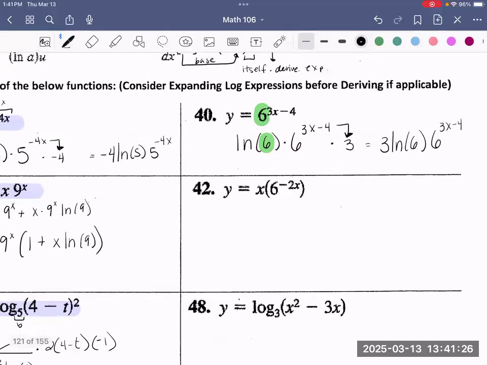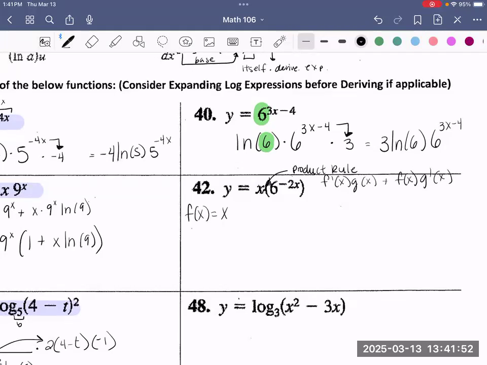Now 42, we're giving it a step up with pairing what we just learned with the product rule. Recall the product rule as being f prime of x, g of x, plus f of x, g prime of x. All it's doing is each one is taking the turn of getting the derivative. So let's go ahead and break these up if you need. That first function we'll just call x and derive it.